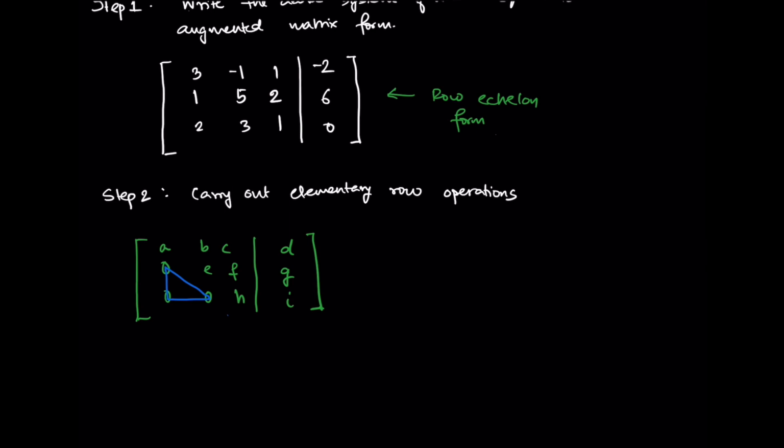Well, watch closely. If we have a form somewhat like this, then we have the coefficient of z, which is equal to the RHS, and in the second row we have the coefficient of y and z, which is equal to the RHS, and in the first row we have all 3 coefficients. That is, we can directly get our z value from here. We can directly just do back substitution and get our z value here.